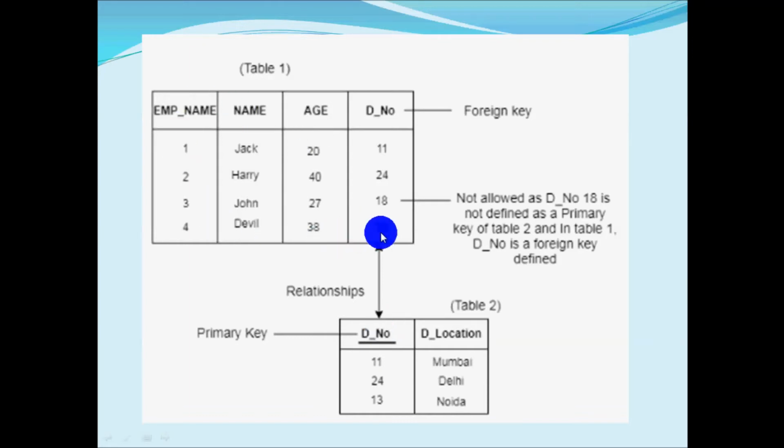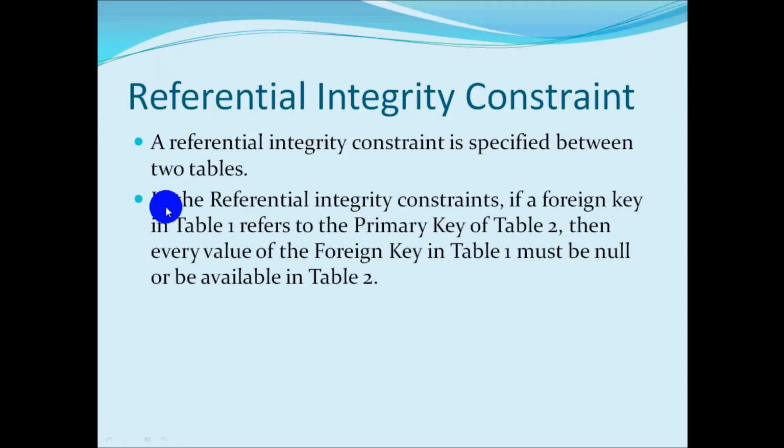And this is table 1 which has the D number 1 attribute as a foreign key. It means D number for table 2 is the primary key and for table 1 D number is the foreign key. You can see here this is the primary key.